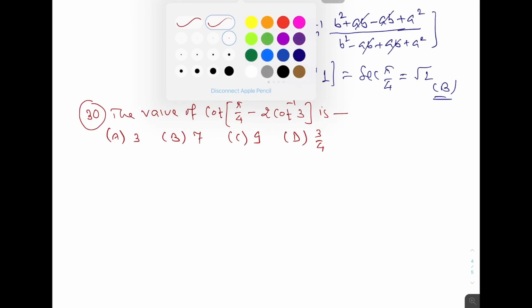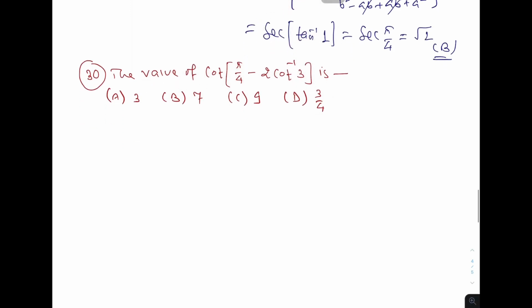Now cot of pi by 4 minus 2 cot inverse 3. So this we can write as cot of.